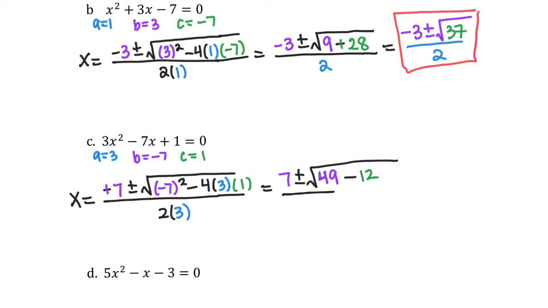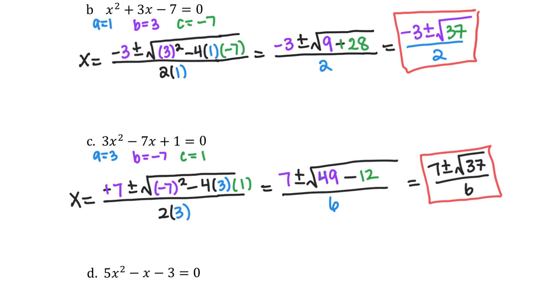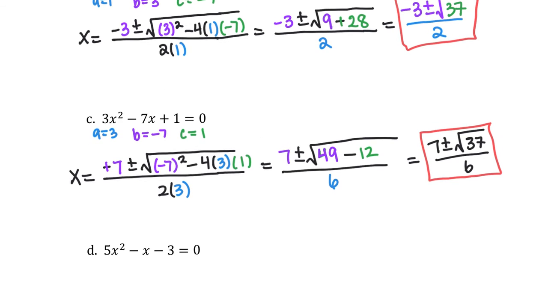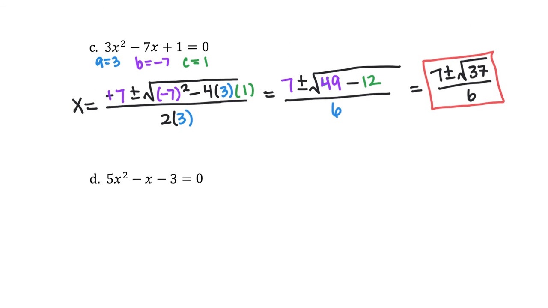And then in the denominator, 2 times 3 is 6. So 7 plus or minus 49 minus 12 is 37 over 6. Square root of 37 does not simplify, so I'm going to leave it like this. Today, none of them will simplify, but in next class, they will simplify. So I'm still going to get in the habit of checking before I continue.